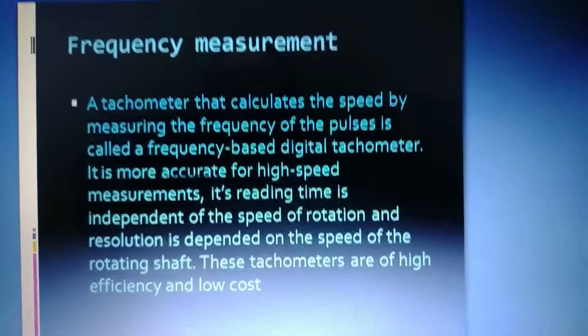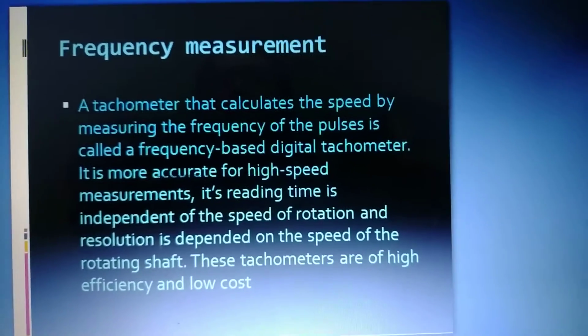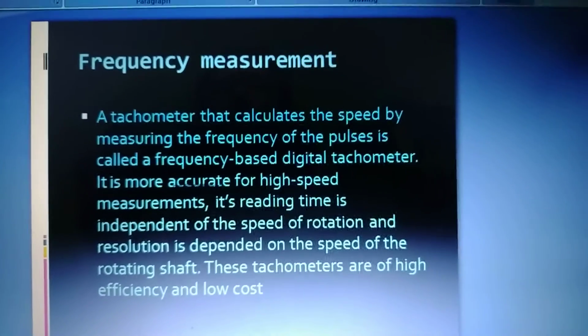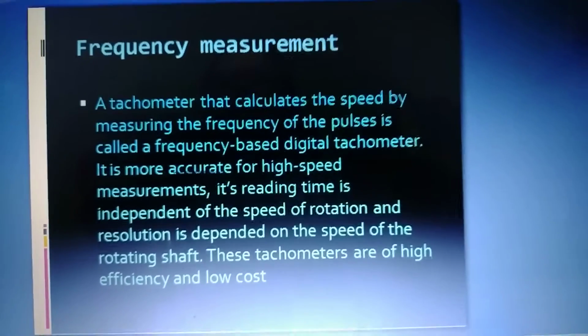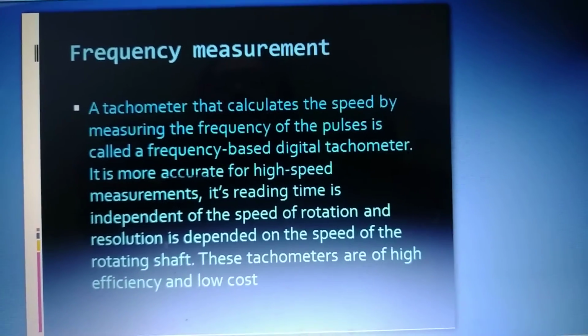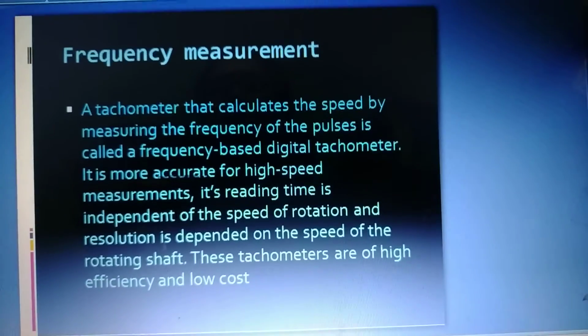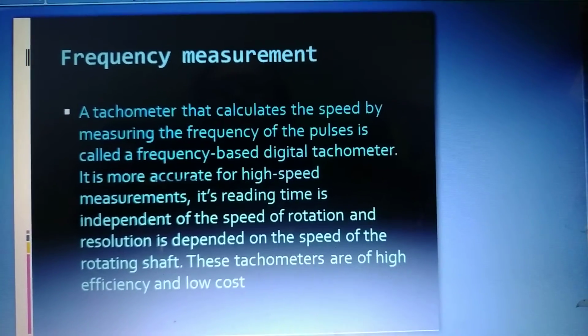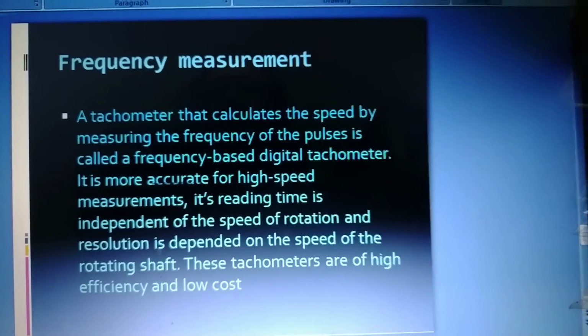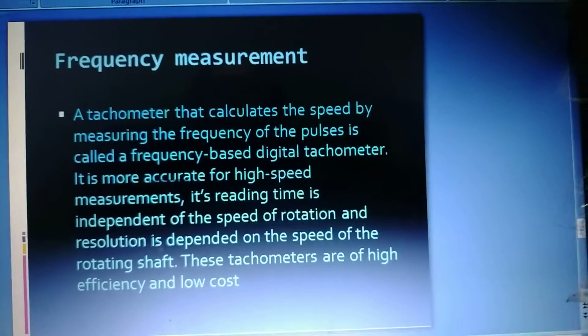Frequency measurement: a tachometer that calculates the speed by measuring the frequency of pulses is called a frequency-based digital tachometer. It is more accurate for high-speed measurements. Its reading time is independent of the speed of rotation, and the resolution depends on the speed of the rotating shaft. These tachometers are of high efficiency and low cost.